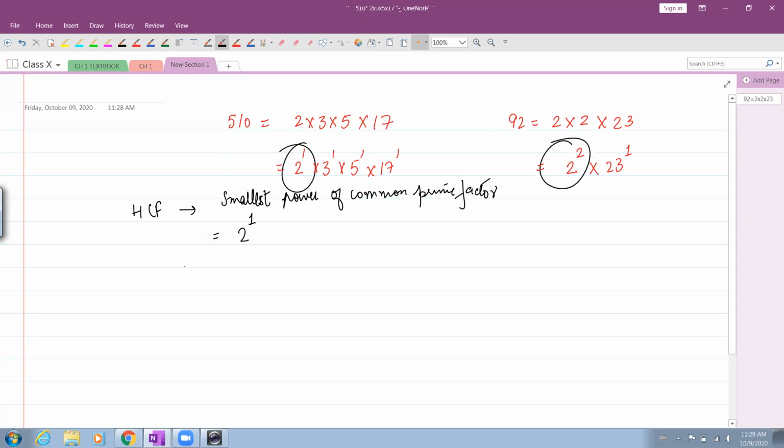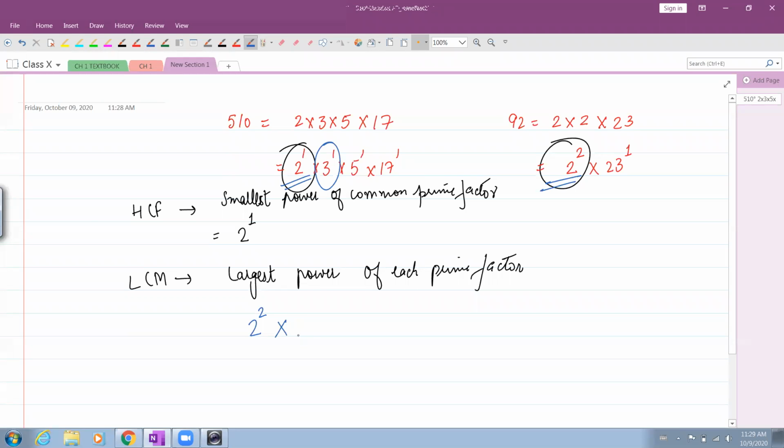So that will be your HCF. And when you have to write the LCM, you are going to take the largest power of each prime factor. आपको जितने प्राइम फैक्टर्स नजर आ रहे हैं उन सभी की आपको हायर वाली पावर लिखनी है. तो अगर हम पहला प्राइम फैक्टर चेक करें 2, उसकी हायर पावर है 2, so you will be taking 2 squared. Then we have 3 with power 1 because यही एग्जिस्ट कर रही है. फिर 5 है हमारे पास, फिर 17 है, और फिर 23 है.